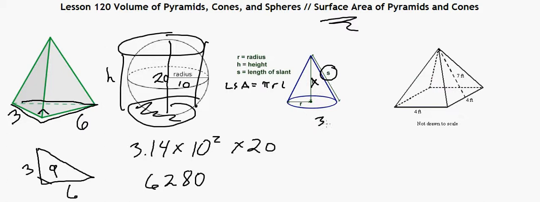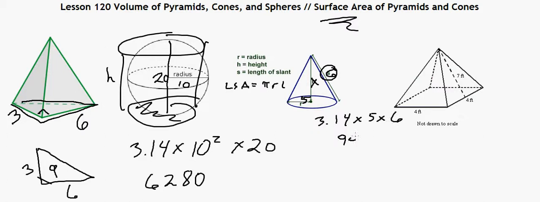So 3.14 times the radius, in which case, let's say the radius is 5, and the slant height L here is 6. Pi times 5 times 6 is 94.2.